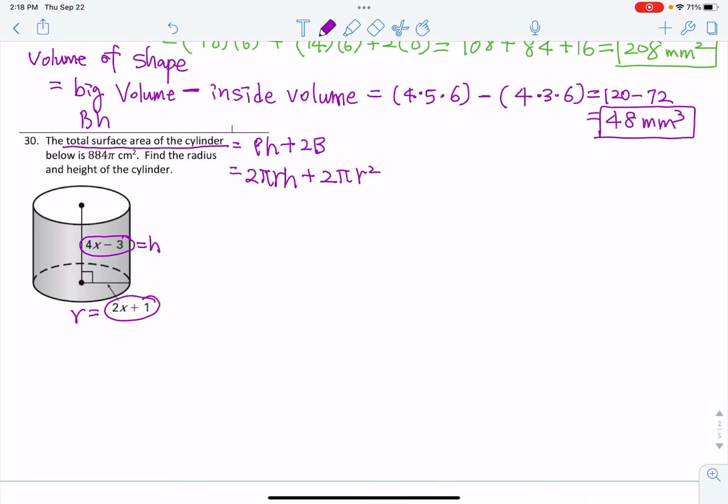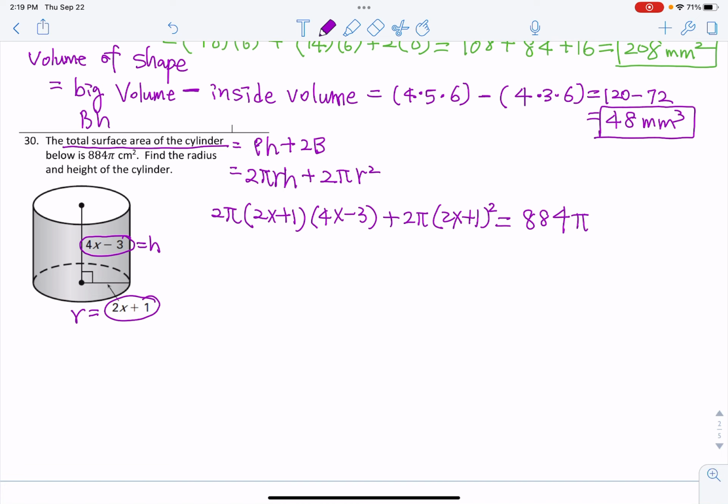And I will plug it in: 2 pi, radius as 2x plus 1, height as 4x minus 3, plus 2 pi r squared, with r as 2x plus 1 to the square, that gives you 884 pi square centimeter.